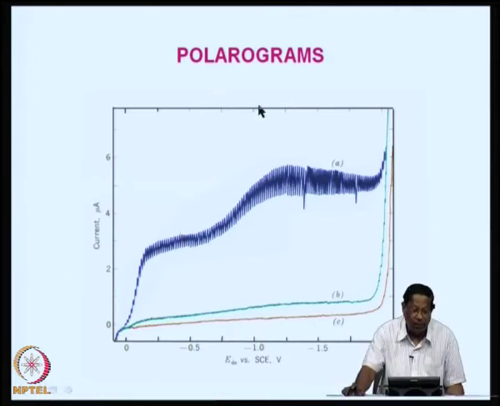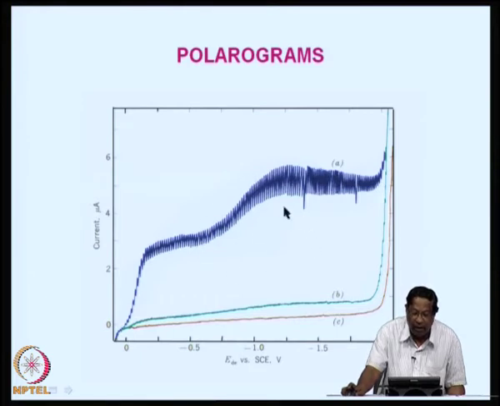Now, you can see a polarogram here, and here the residual current is like this, and then another residual current is like this, and then the polarogram is like this. So, you can see that one species is getting reduced here, another species is getting reduced in this range, and again it will reach the limiting current somewhere here, and there is one more species that is getting reduced in this range.